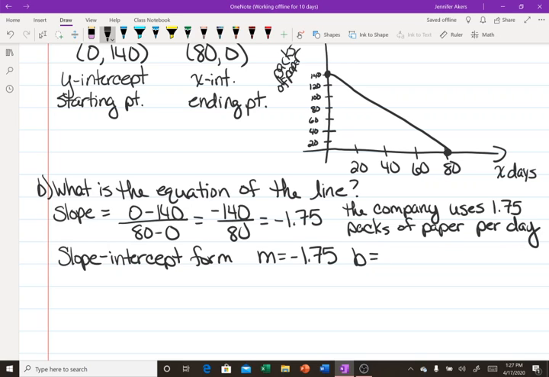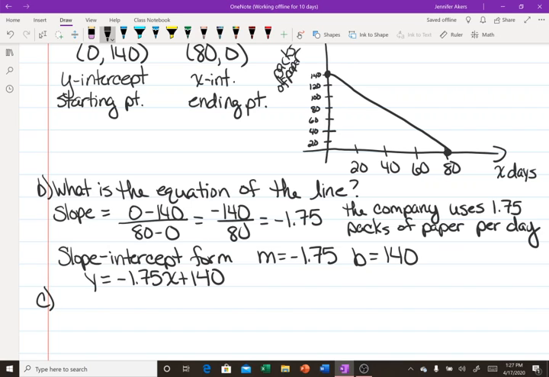The b is the y coordinate of the y-intercept. It's 140. So we have y equals negative 1.75x plus 140. Remember, x is all the time in between day 0 and day 80. Y are all the packs of paper between the 140 packs to the 0 packs when they're all gone.